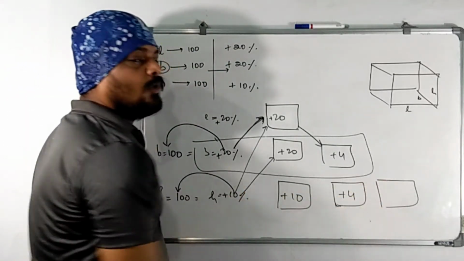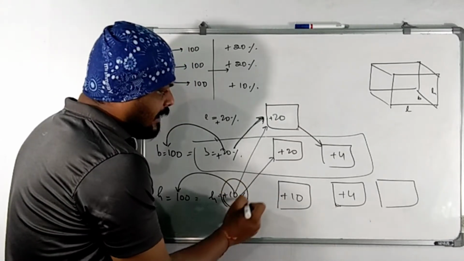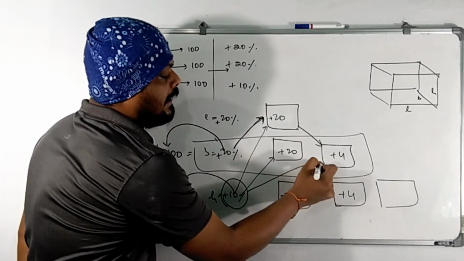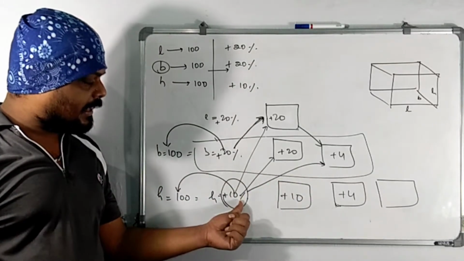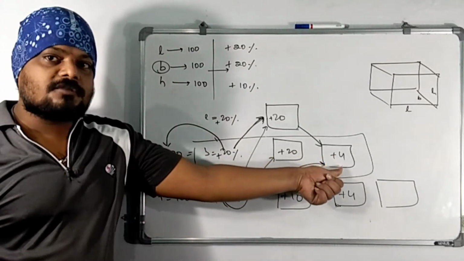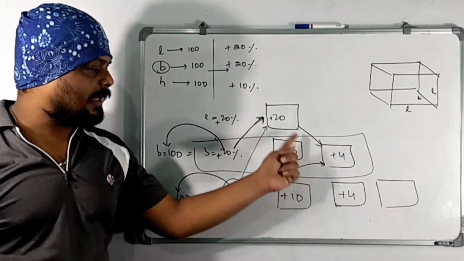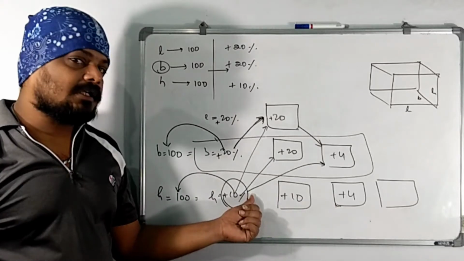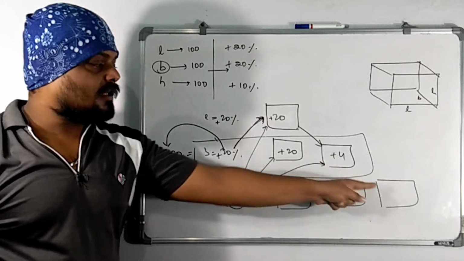Later what is here? What is the last box? Here 10 percentage is increasing upon the increased value of 4, that is the increased value of the second condition. So in the first two they are increasing, and later it will be increased by the increased value of the second condition.